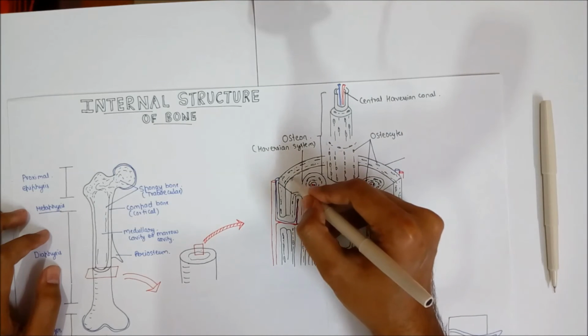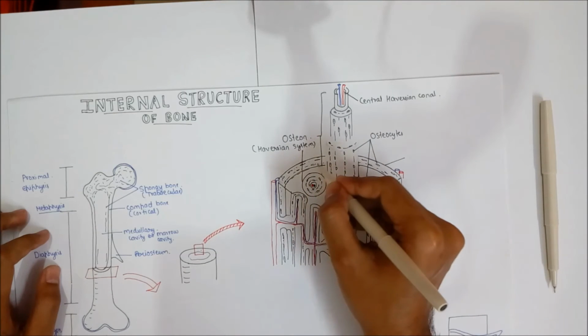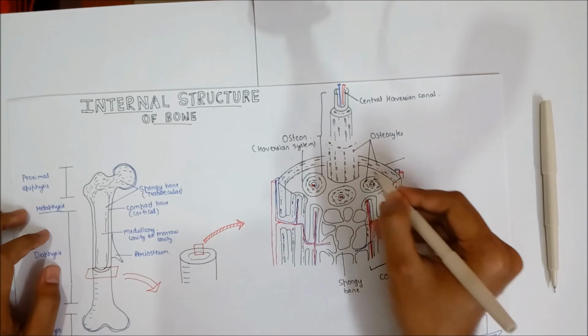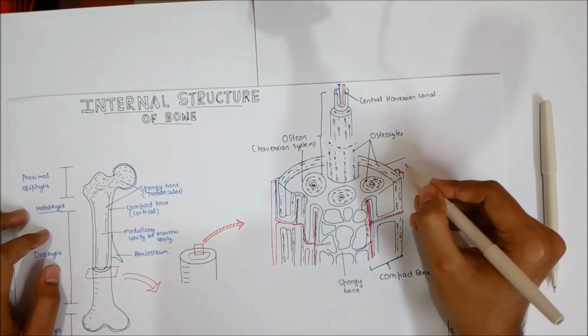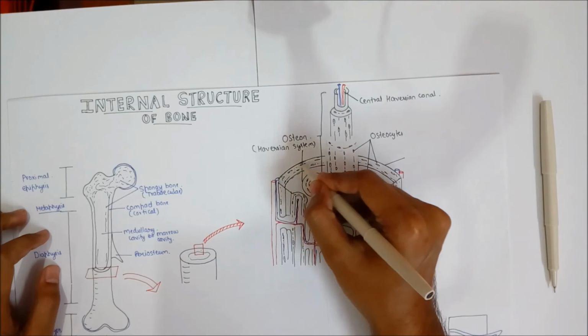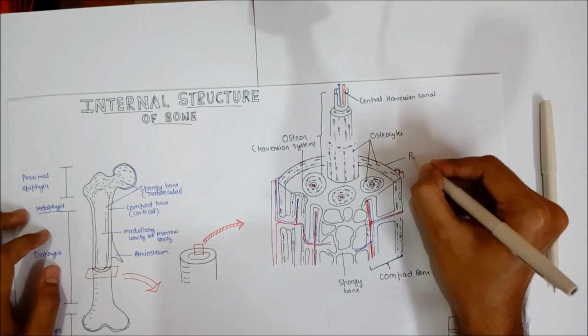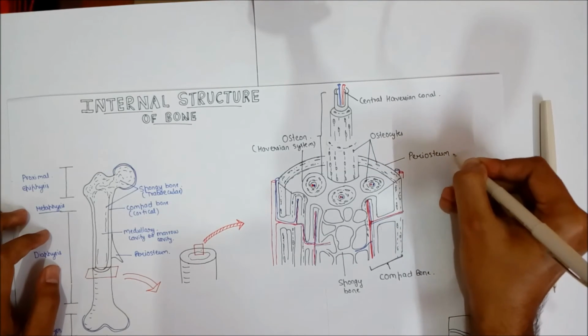You can also see this kind of layer covering the outside, which is called the circumferential lamellae. As it is on the outer side, it is called the outer circumferential lamellae. And this outer membrane is the periosteum.